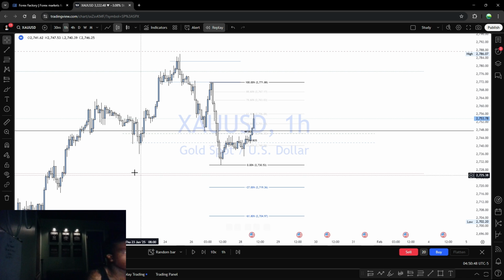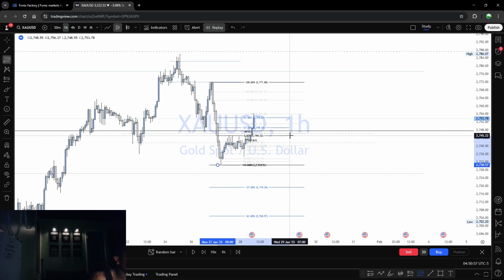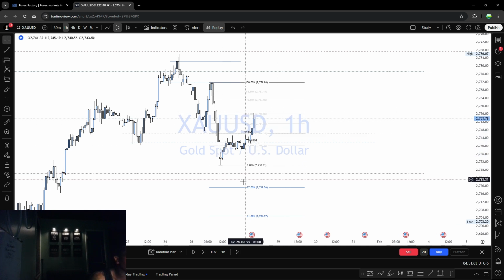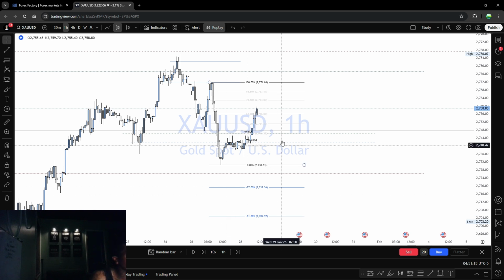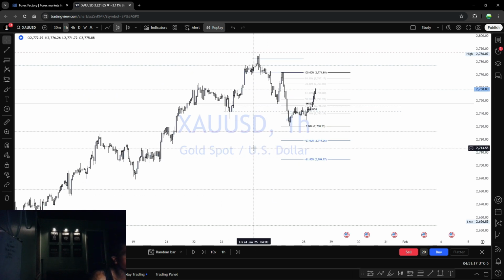And push up even further. It's at the 61 from that. Wait, to the 61 from that right here as well. It's pushing up to the high. So you could see this go even higher.